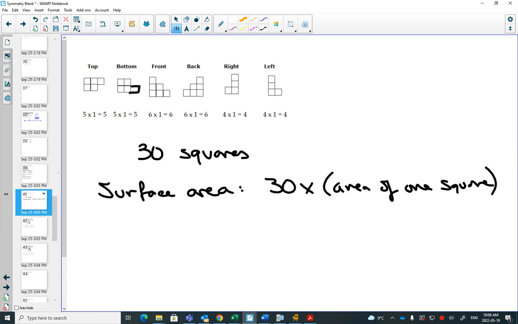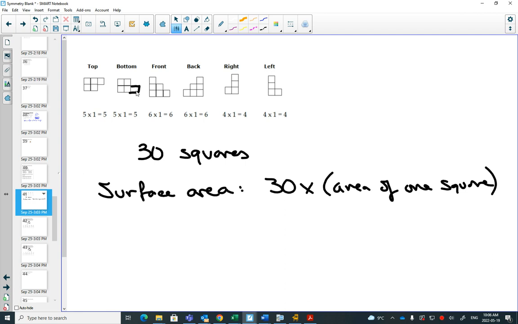Okay? If we were using a question like this one, I believe, if I have the notes here, they didn't specify how big 1 square was. No, they didn't specify how big they were.